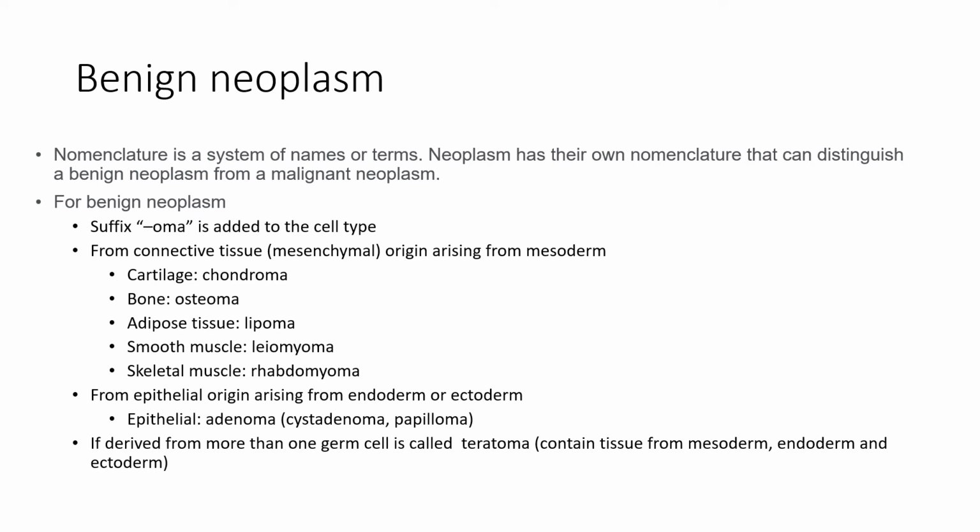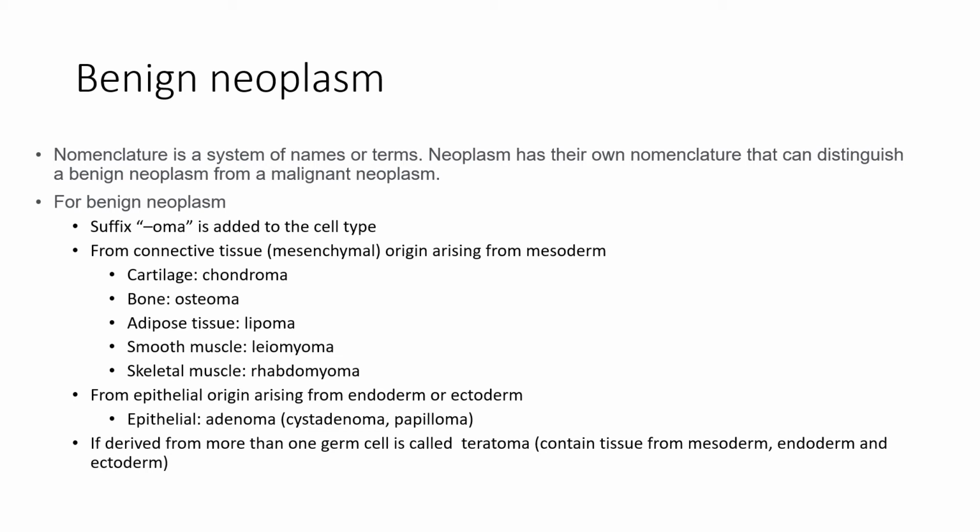Nomenclature is a system of names or terms. Neoplasms have their own nomenclature that can distinguish a benign neoplasm from a malignant neoplasm. For example, for benign neoplasm, the suffix "oma" is usually added to the cell type. If it's from the connective tissue or mesenchymal in origin, a benign cartilage neoplasm is called chondroma.